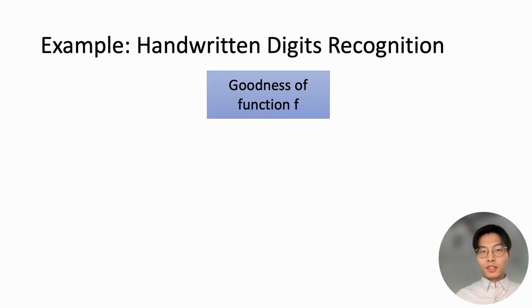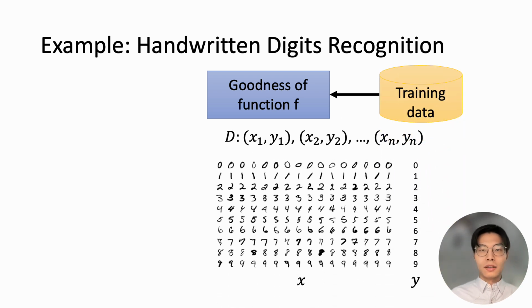Let's use a specific example, handwritten digit recognition, to understand these concepts of supervised machine learning. As you can see, we have a training dataset with many handwritten digit images representing 0 to 9, and we already have the answer or label of each image.